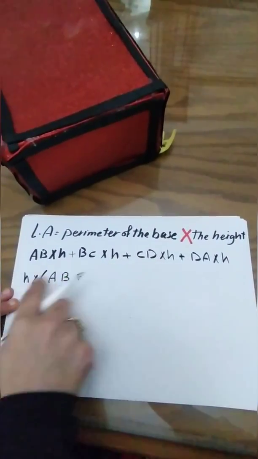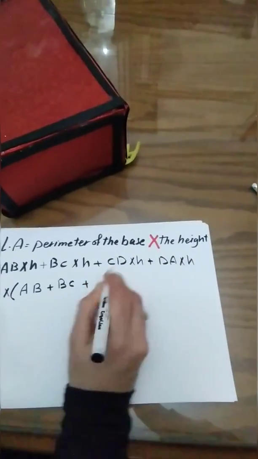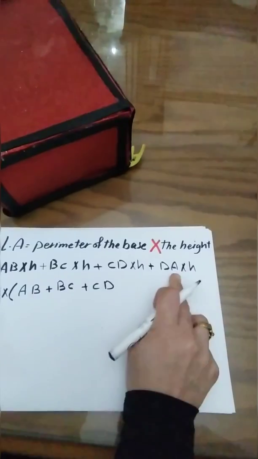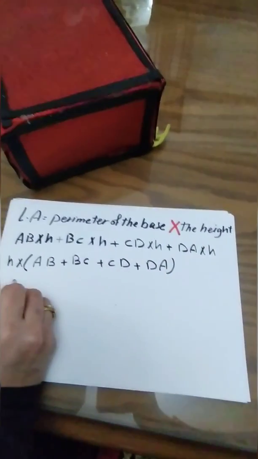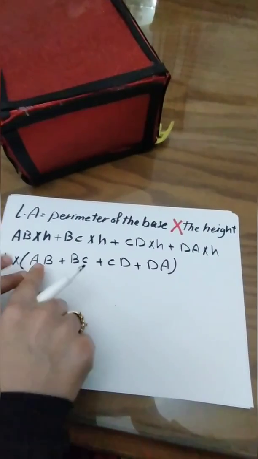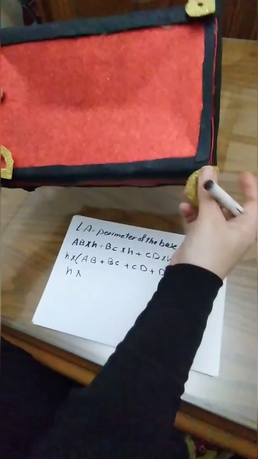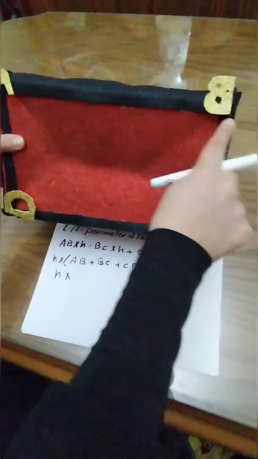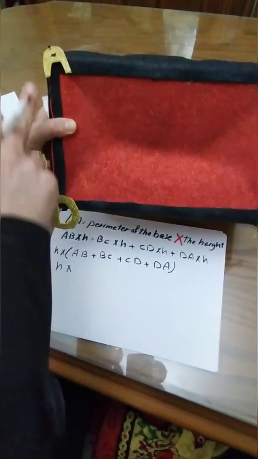Then plus, I took the height, plus BC. From here, I took the height, plus CD. Here plus DA. So the height multiplied by what? AB plus BC plus CD plus DA.